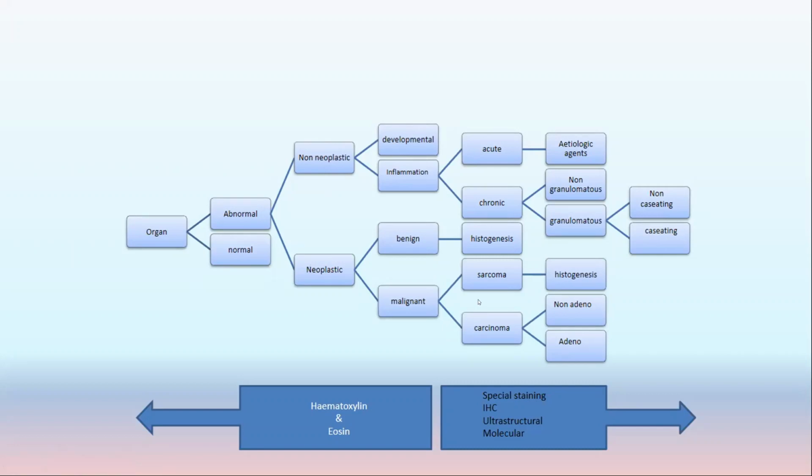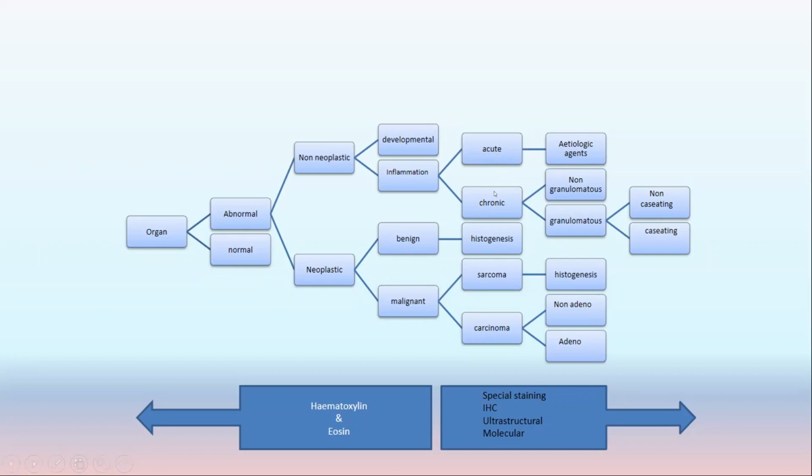If it is inflammation, by the evidence that you found, you have to decide whether this is acute or chronic inflammation. Every time there's a bifurcation here, there must be a reason, a defining criterion to separate these two events.